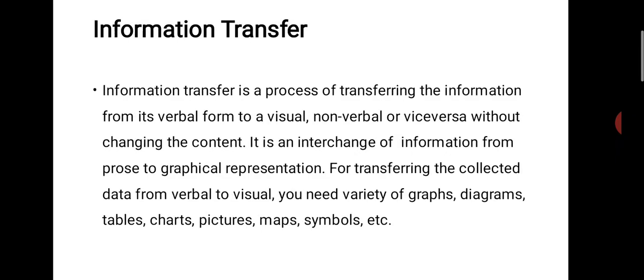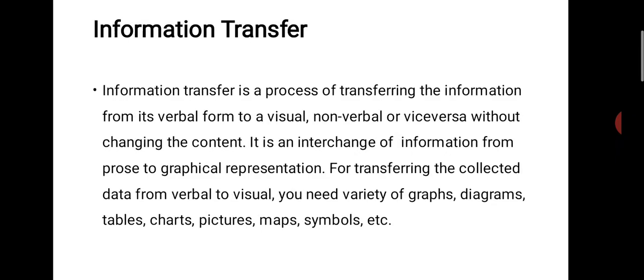It is an interchange of information from prose to graphical representation. For transferring the collected data from verbal to visual, you need a variety of graphs, diagrams, tables, charts, pictures, maps, symbols, etc.